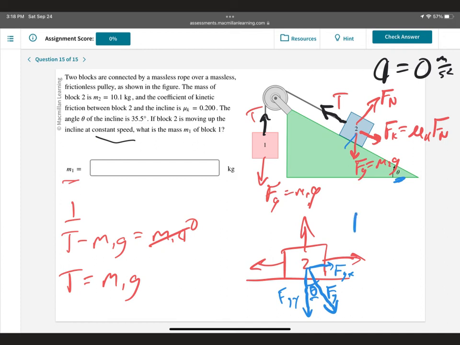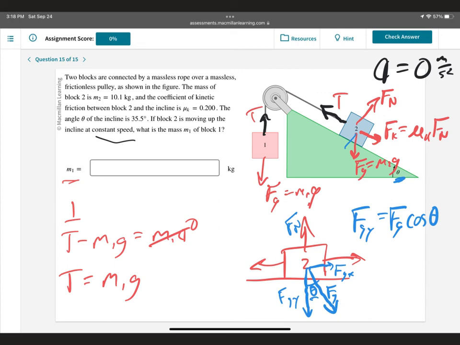So Fgy for block 2 is going to equal Fg times the cosine of our angle theta. And that is going to equal our normal force. Why? Because the forces down have to equal the forces up. There's only one force down, Fgy. Only one force up, the normal force.